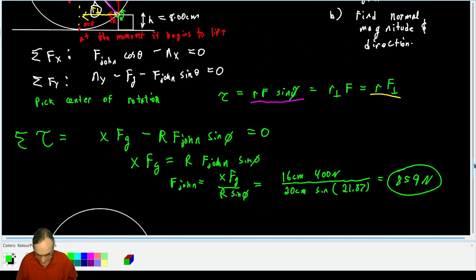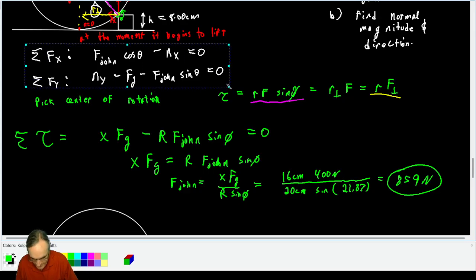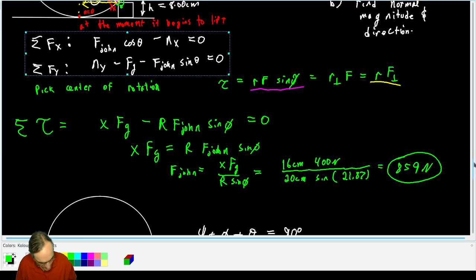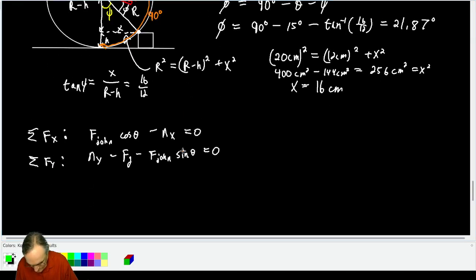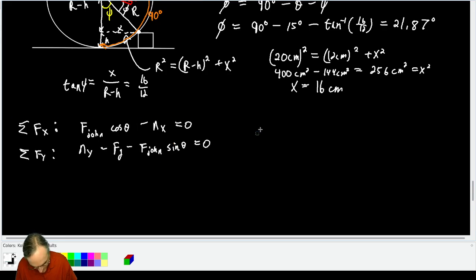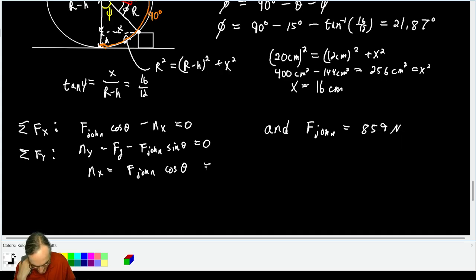Okay, we've got that. Now, here's what we're going to do with it. I'm going to make a copy of these two equations. And now we know that is 859 newtons. Okay, so the nx component is going to be F John cosine of 15 degrees.